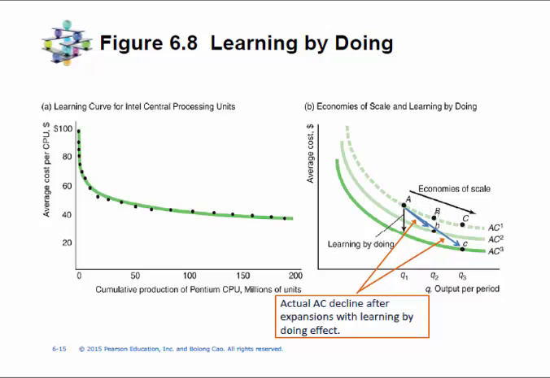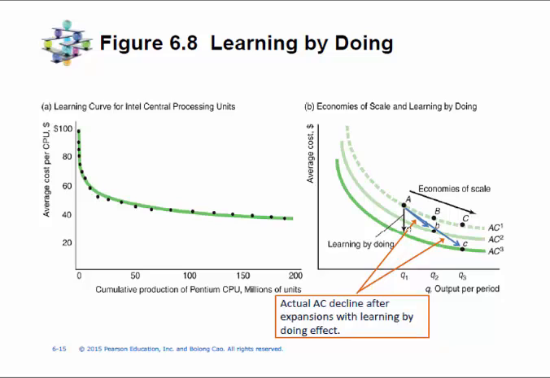So without learning, you only have economies of scale. If you produce quantity Q1 to Q2 to Q3, the average cost only decreases from point A to point capital B to point capital C. But with learning, the average cost curve also shifts down.